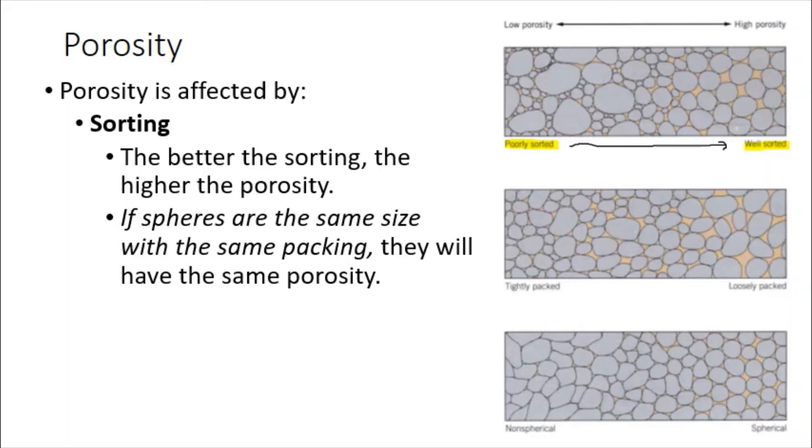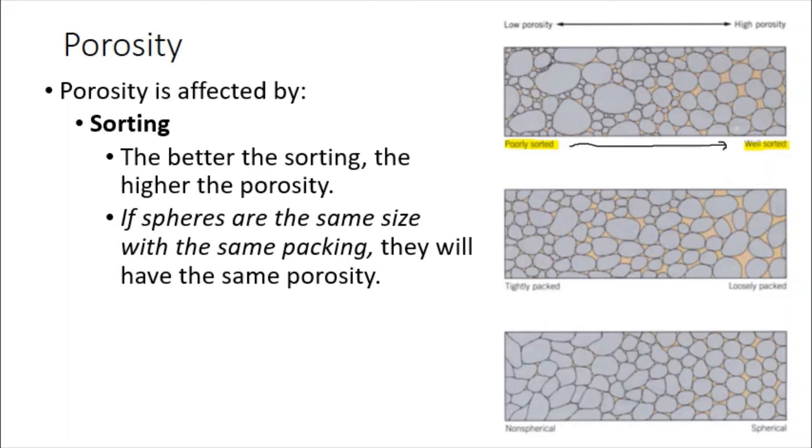Something to consider is if we have 2 materials, let's say we have a coarse sand and we have something made up of pebbles, but both of those materials are made up of sediments that are all the same size. So we have 1 millimeter coarse grained sand grains, and we have 2 centimeter pebbles, and we're looking at 2 different rocks.